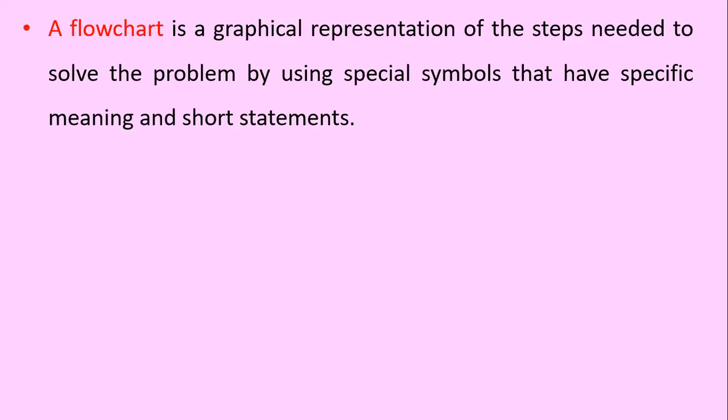A flowchart, on the other hand, is a graphical representation of the steps needed to solve the problem by using special symbols that have specific meaning and short statements. In other words, whereas pseudocode is a sequence of English-like statements that indicate how a problem will be solved, when it comes to a flowchart, instead of writing those English-like statements, we replace them using graphical representations.